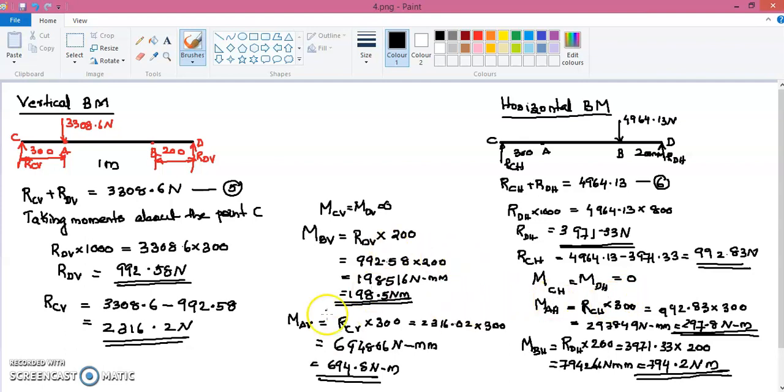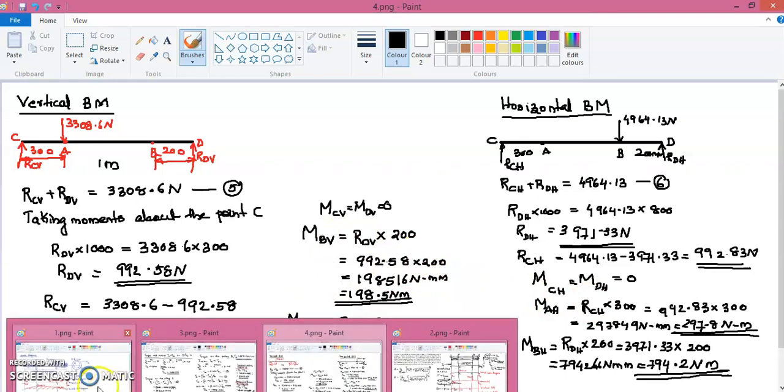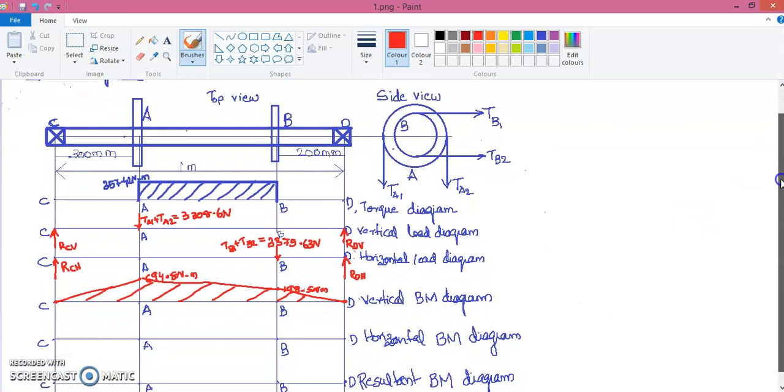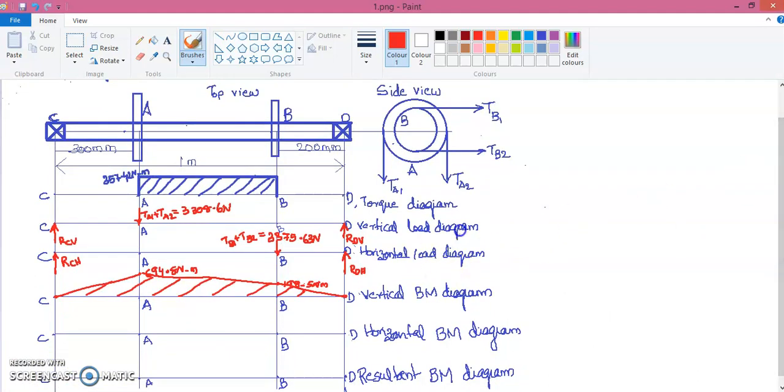Now I'll go back to this diagram and we can represent that here. At this point, horizontal bending moment diagram.